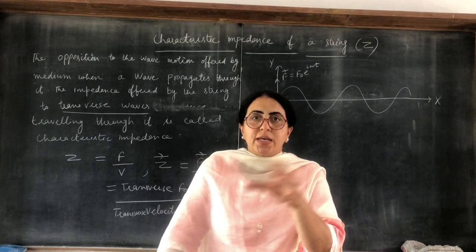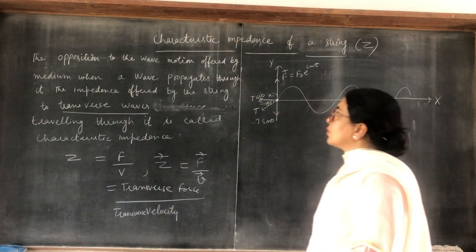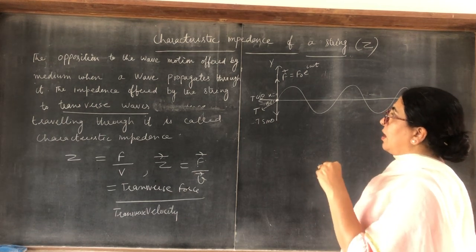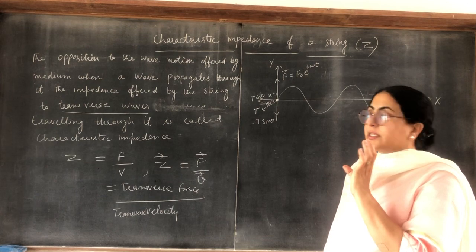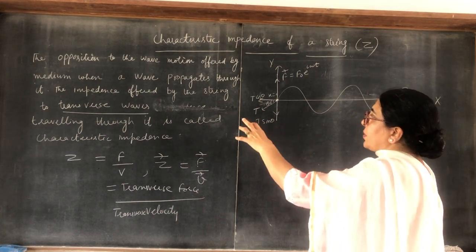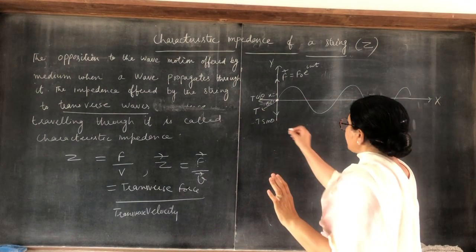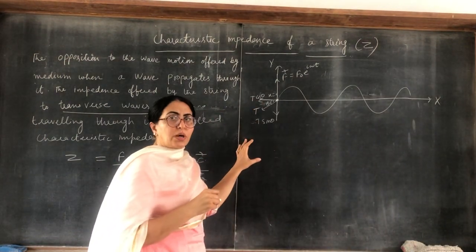So that is why impedance, resistance, is produced. You can say it is an opposition offered by the string to the transverse wave.